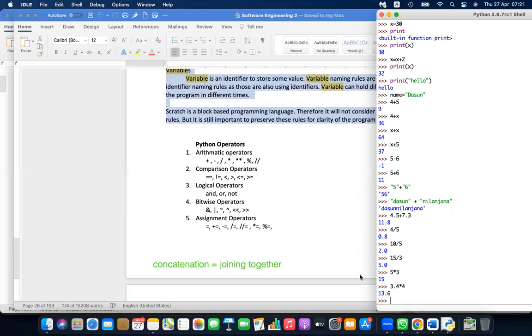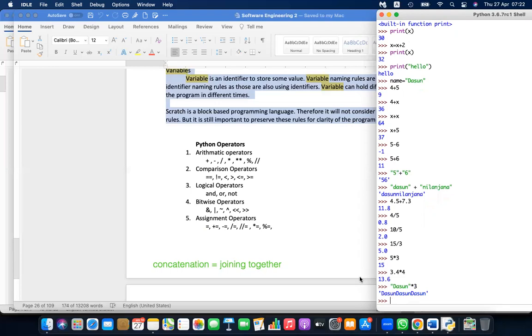And multiplication can be used for concatenation too. But here you cannot use two strings. In multiplication, you have to use a single string literal. Let's see, Dasun multiplied by 3. It is Dasun Dasun Dasun, so you can see it's multiplying and joining together. You cannot multiply two strings, but you can multiply a string by a number.